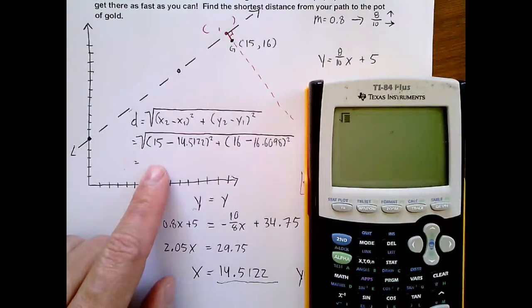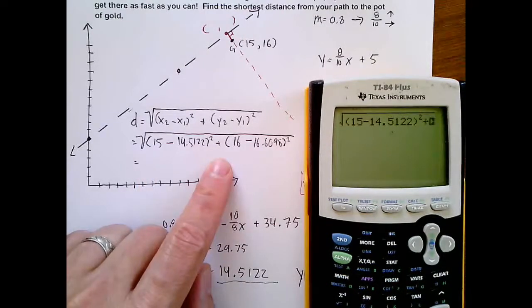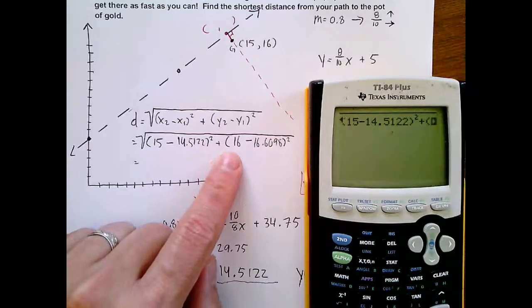Square root, 15 minus 14.5122 squared plus, open that parenthesis, 16 minus 16.6098 squared.